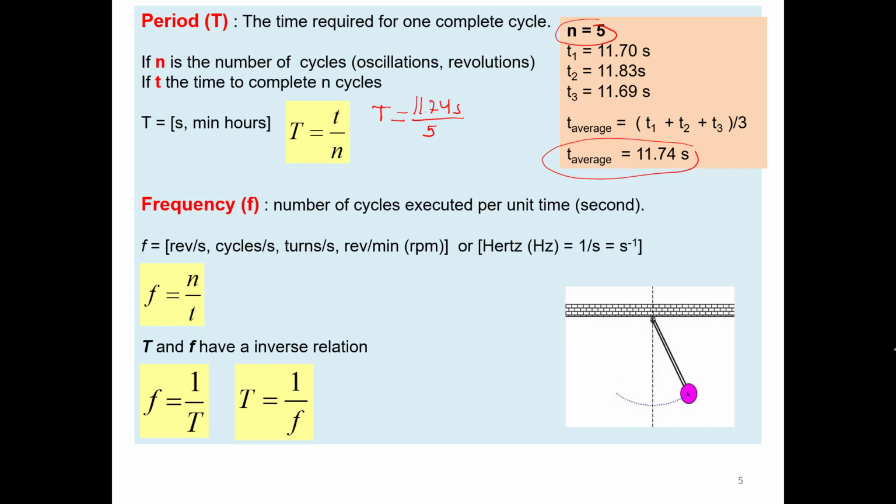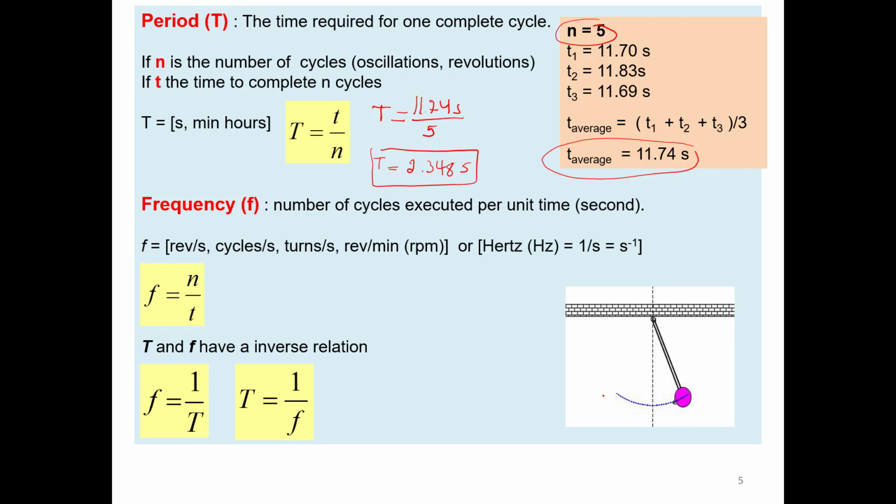Then the period in this case equals 2.348 seconds. And this is the time required for this particular pendulum to complete one cycle.